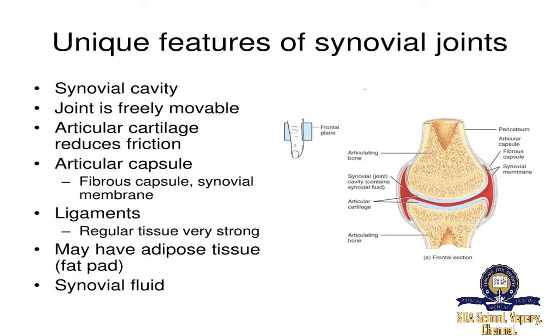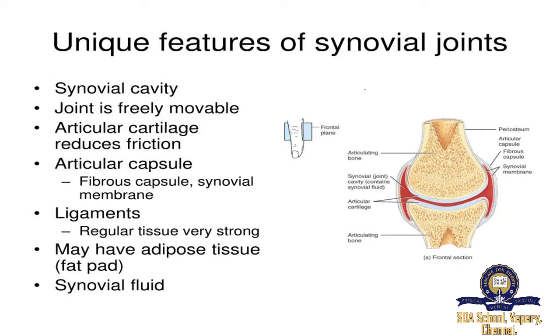This fluid helps reduce the friction between the two bones to avoid damage to them. And then articular cartilage, which helps absorb shock and prevent friction between the ends of the bones.